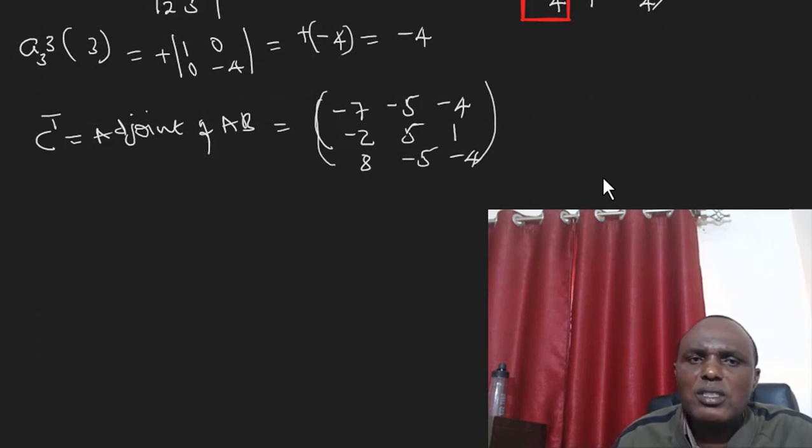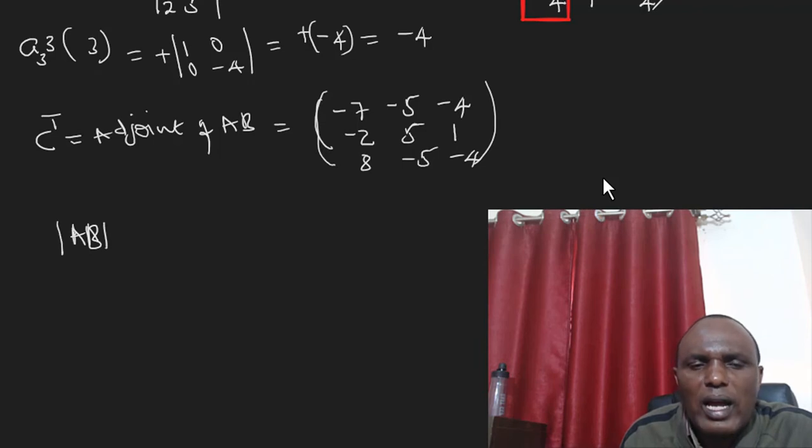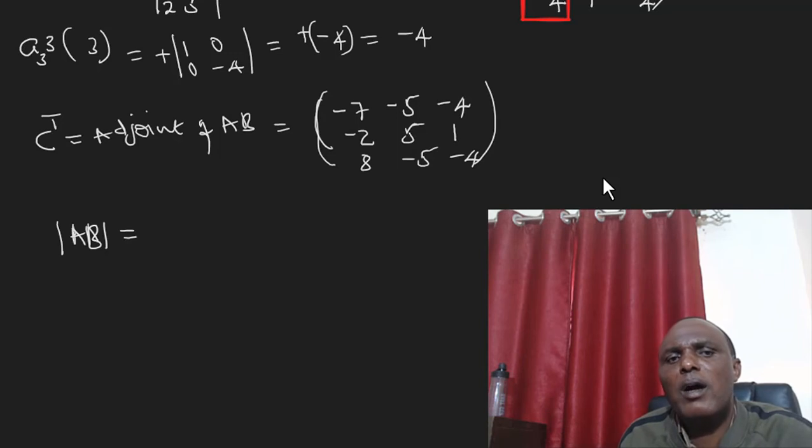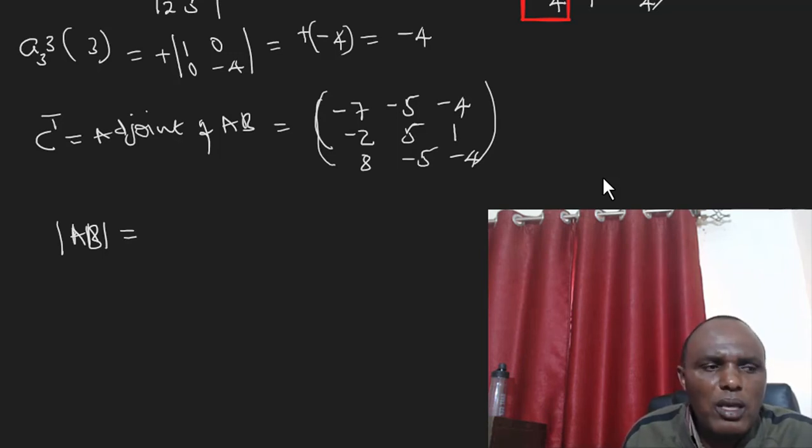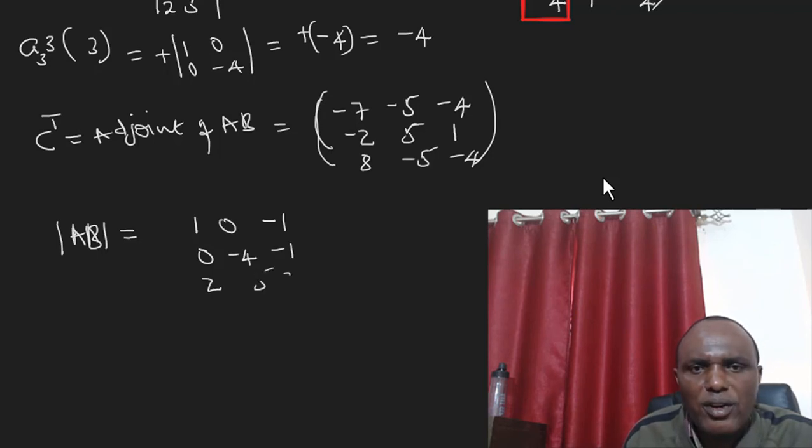The next activity is to get the determinant. The determinant of AB is what we want now. Remember the matrix AB is 1, 0, negative 1, 0, negative 4, negative 1, 2, 5, 3.